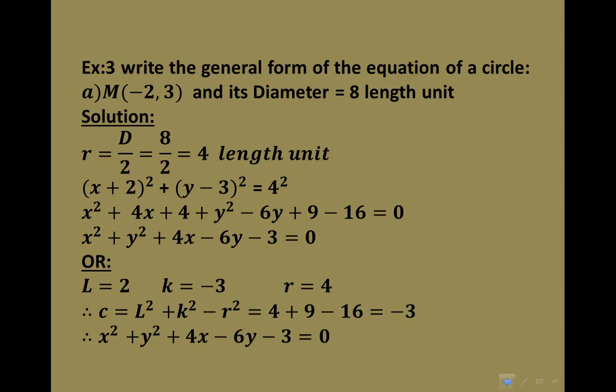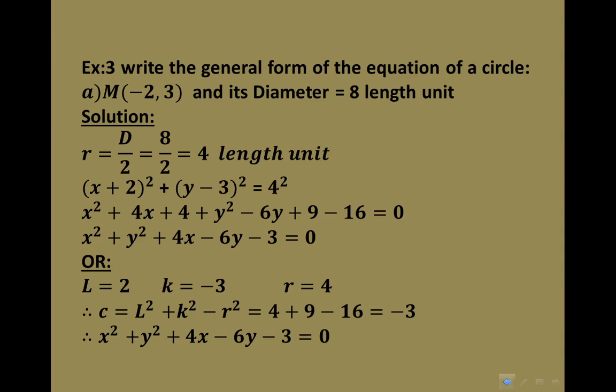Then x power 2 plus y power 2 plus 4x minus 6y minus 3 equals 0. And this is the general equation of the circle. x power 2 plus y power 2 plus 4x minus 6y, then 4 plus 9 minus 16 equals negative 3.